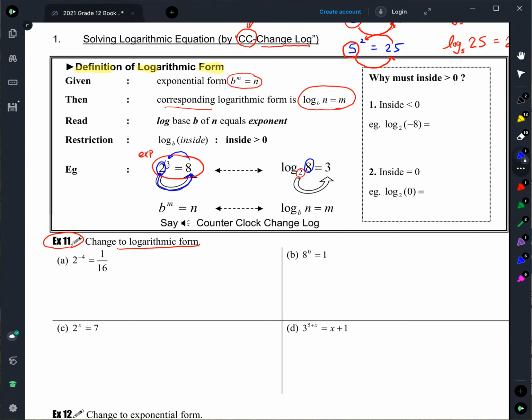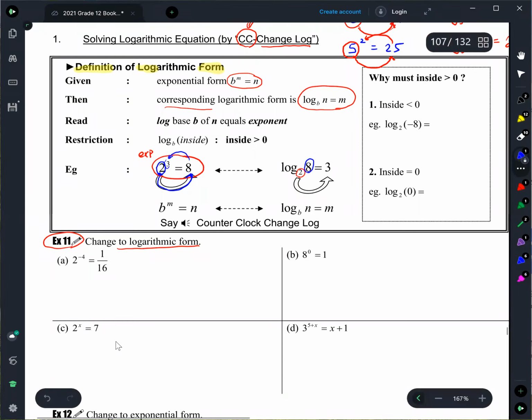You don't put it at the bottom, you put it at the top right corner. So remember, the base goes to the lower right corner beside the log. Please raise your hand if you finish writing A, B, C, D, these 4 questions.